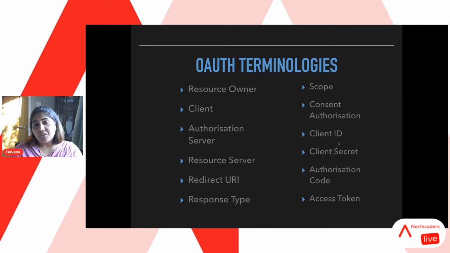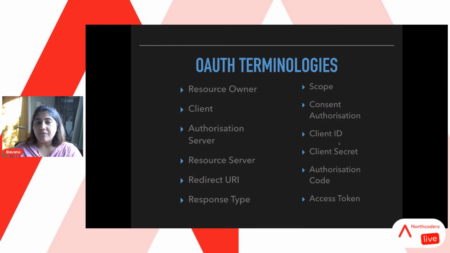Now, some of the OAuth terminologies that we come across took a long time for me to actually understand and go through, because they use specific terms for specific things. Resource owner is you as a person at the endpoint who's making the request. And then the client would be the client.